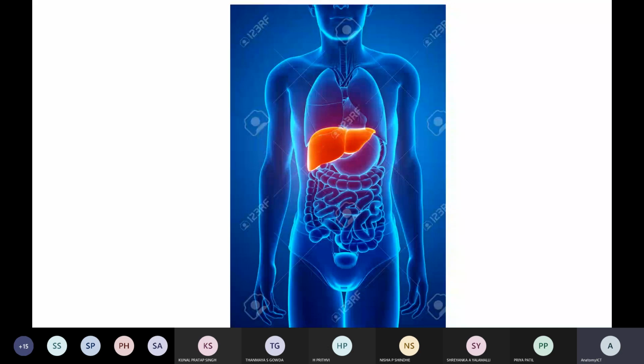Except fat, all the nutrients from the GIT are absorbed through the portal system, and go to the liver. This is how what is absorbed from the intestine then goes to the liver.